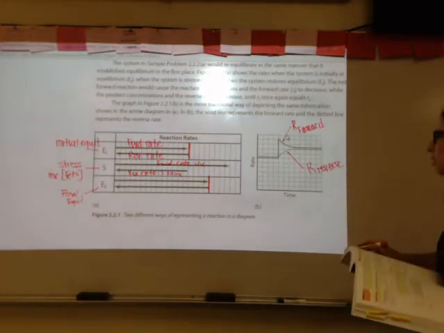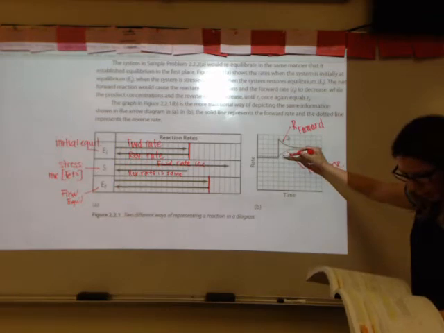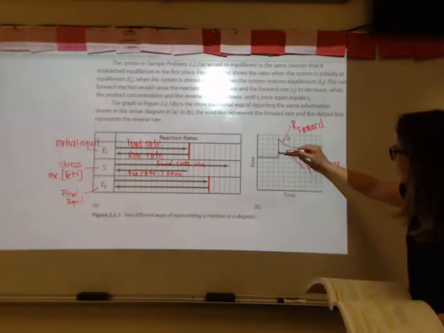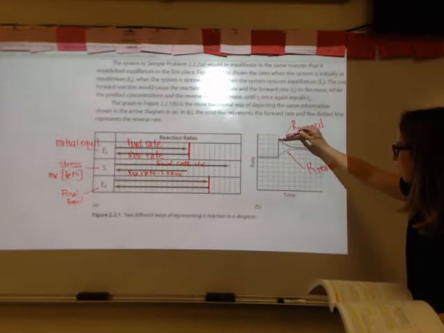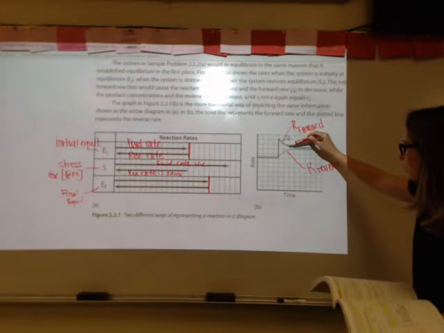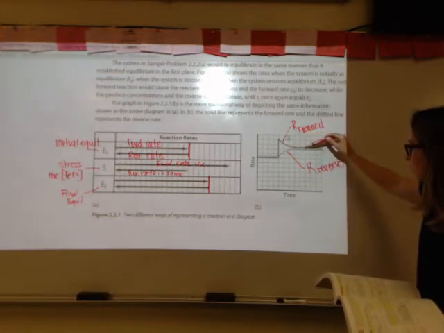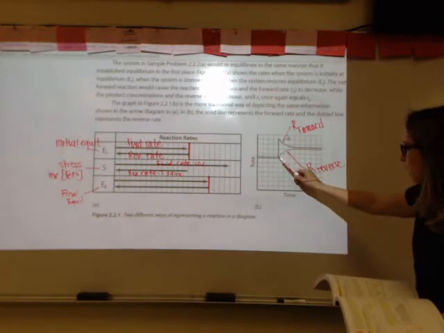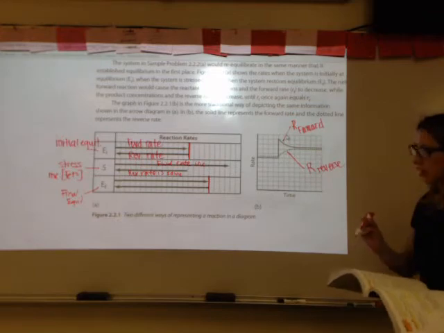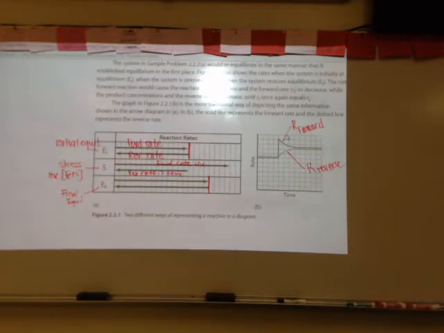So you'll see that there's a dramatic increase here in the forward rate when the concentration of Fe+3 was increasing, and then the forward rate came down as we consumed some of it, and then it leveled off at equilibrium, and then this reverse rate increased a little bit to meet it at the second or final equilibrium.